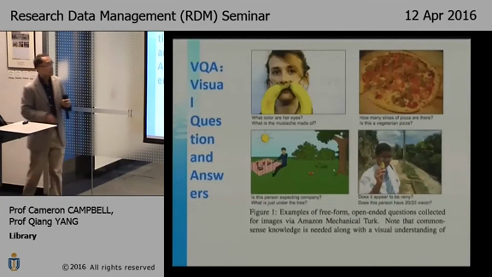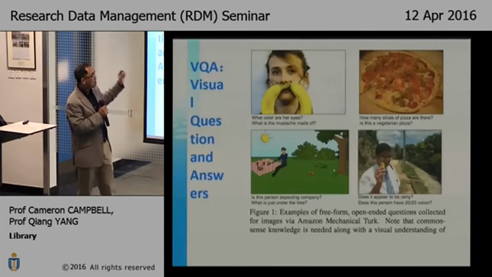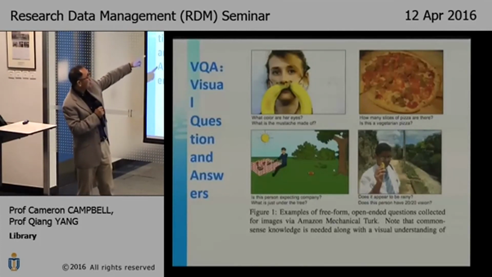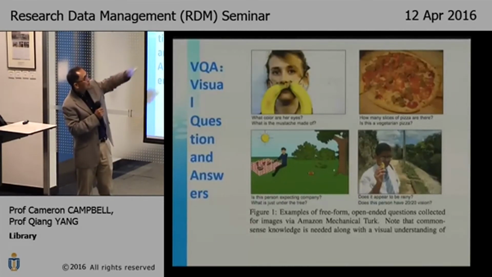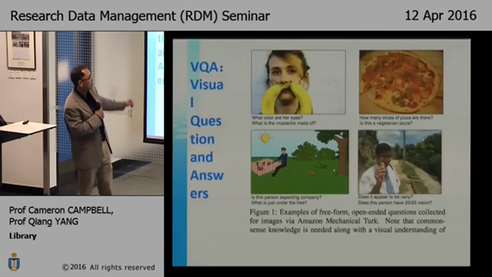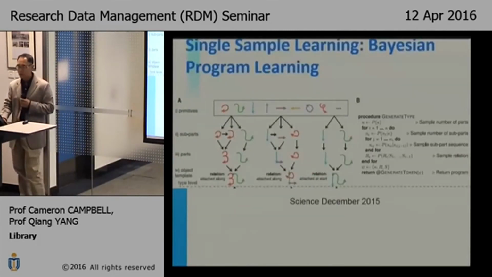Okay. Another thing is you can ask the model some fairly sophisticated questions, such as what color are this person's eyes? What is the mustache made of? It can correctly say bananas. You can ask the computer to count the number of pieces of pizza over there, and what objects are here, and their relations.